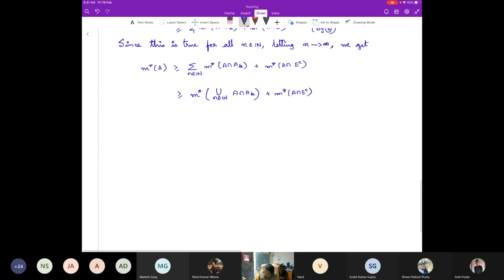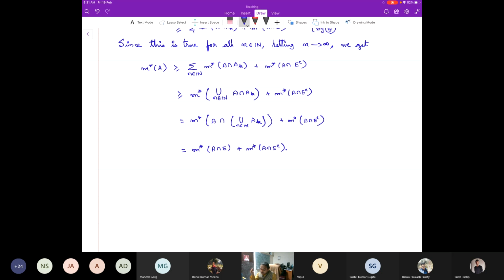Now this part is going to be M star of A intersection with the union over n in N of AK, plus M star of A intersection with E complement. What is this union? Union over n of AK is E. That's it.